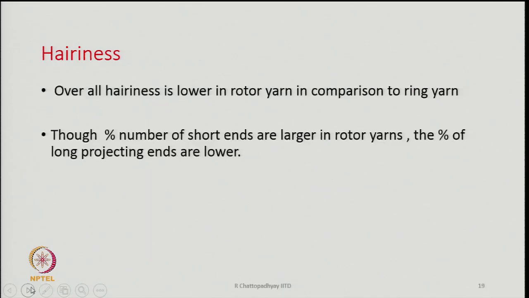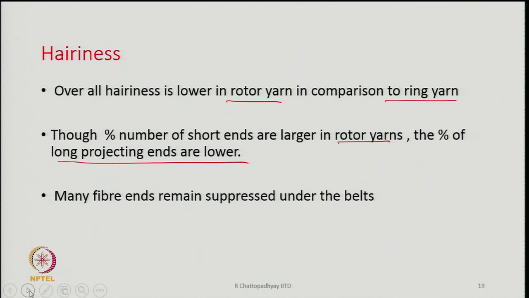The next one is hairiness. Overall hairiness is lower in rotor yarn in comparison to ring yarn. First of all, the hairiness is a little less; though the percentage number of short ends is larger in rotor yarns, the percentage of long projecting ends is lower. So, long projecting hairs are much less in the case of rotor spun yarn.